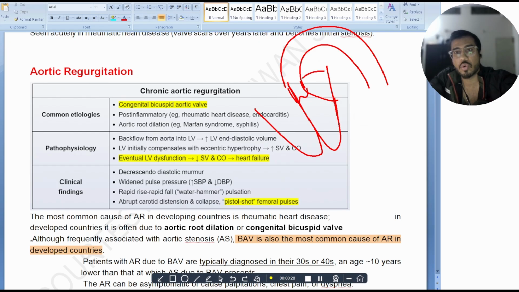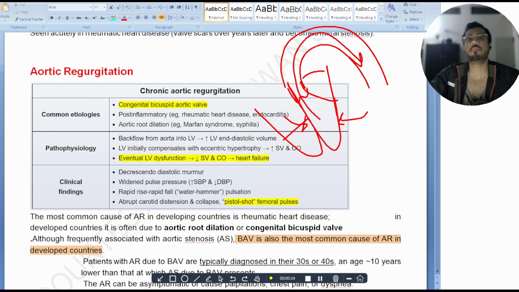When the ventricle is contracting, the blood is flowing forward, so you won't be able to hear any murmur. When the contraction is complete and the ventricle starts relaxing and diastole begins, that is, early diastole, the ventricles stop pushing the blood forward and the blood starts backing up against the aortic valve.